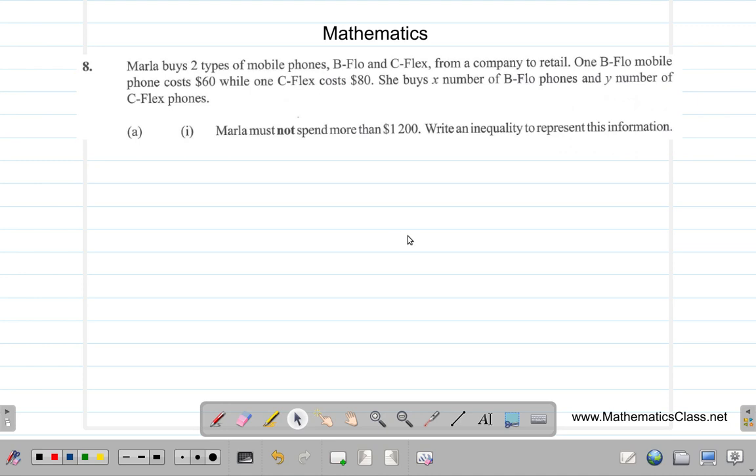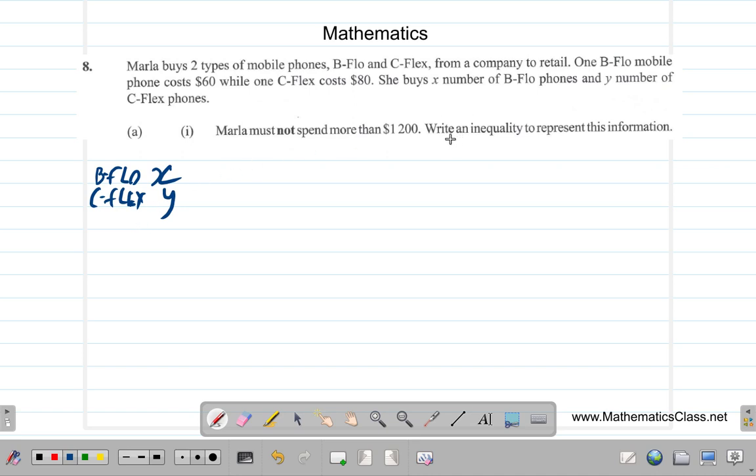Notice what it's saying now. The number of B Flow is x, and the number of C Flex is y.